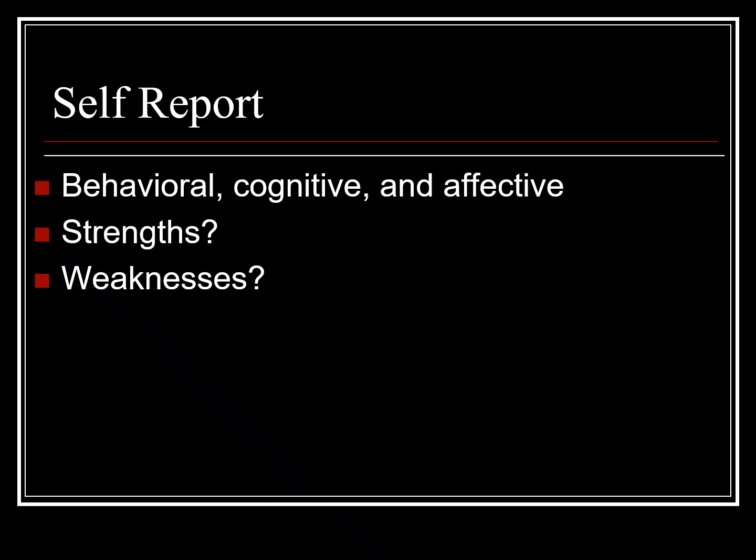The strengths are that these are very easy to collect. Basically, they're self-report, so we can simply create a survey or an interview where we're asking these questions. The weaknesses are that they're pretty dependent on your willingness to share the information honestly. For example, if the behavior we're asking about is not socially sanctioned, like risky sexual behavior, some people may very much lie.